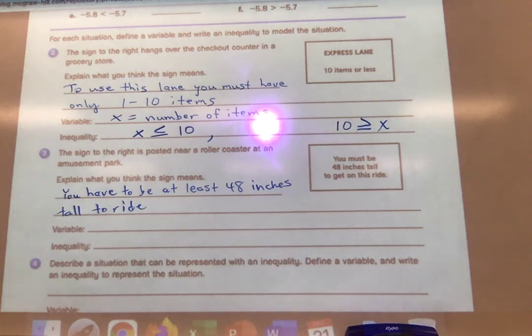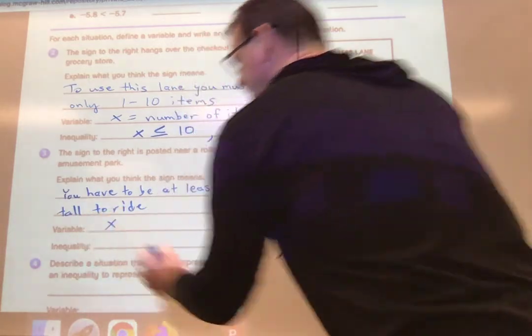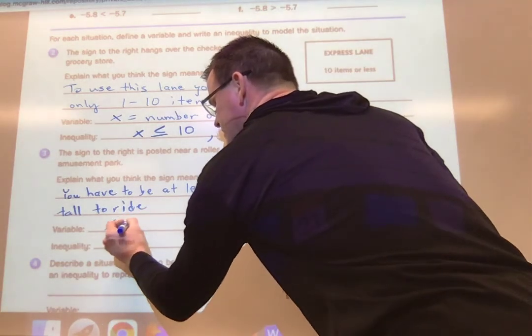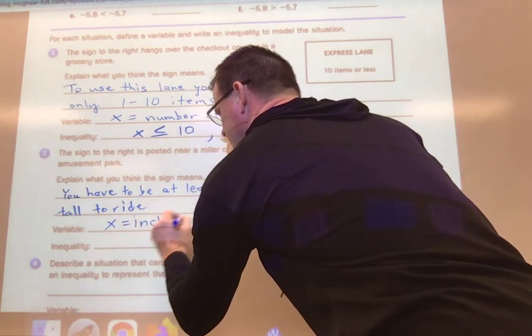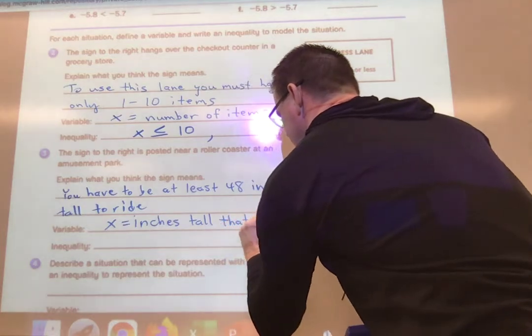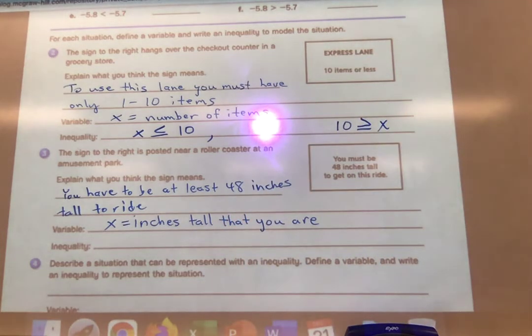In this case, we're talking about how tall you are. It doesn't matter what I call the variable, I'll call it x again. In this case, x would equal the number of inches tall you are.